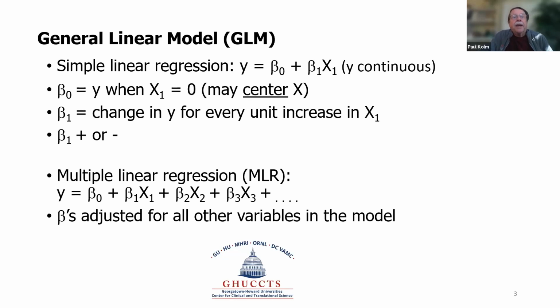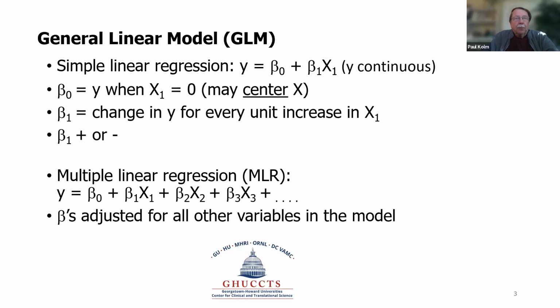And so in that case, 0 is the mean. For example, if x was age, it'd be the mean age. And of course, we interpret the regression coefficient as the change in y for every unit increase in the predictor variable. And the regression coefficient can be either positive or negative.